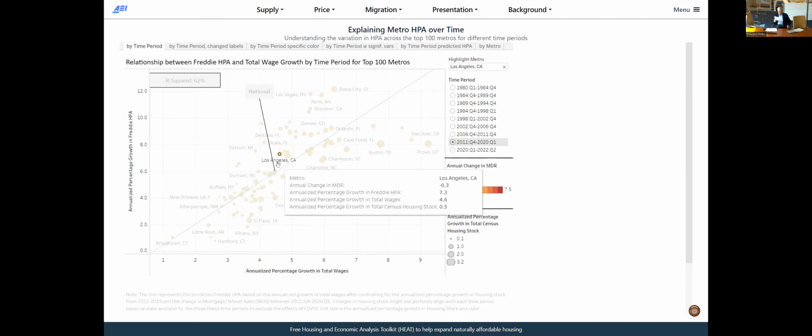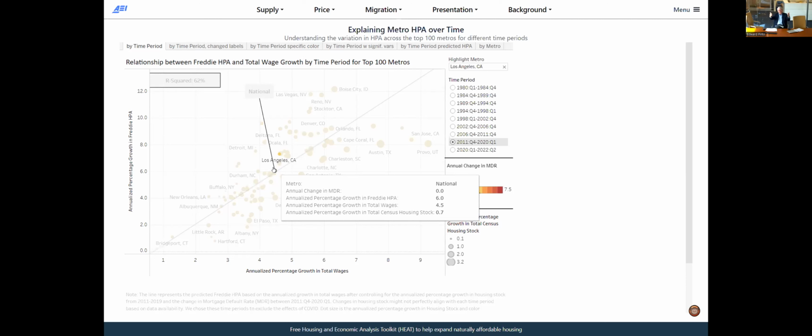You can see that the growth in total wages is 4.6%, which is around the national average, which was about 4.5%. And the annual growth in housing stock is 0.5. And if you hover on national, Arthur, you'll see that national is 0.7.